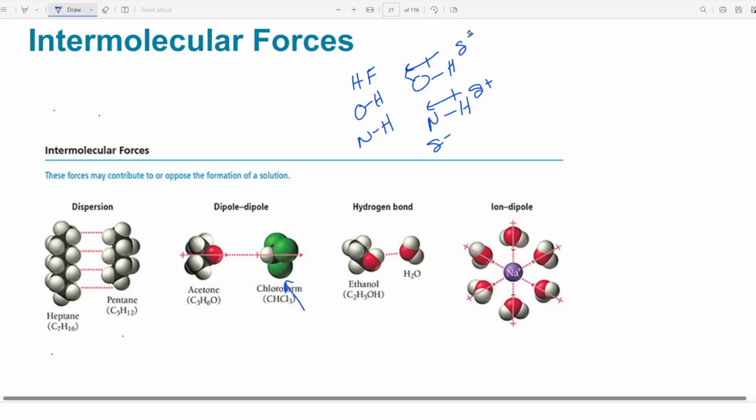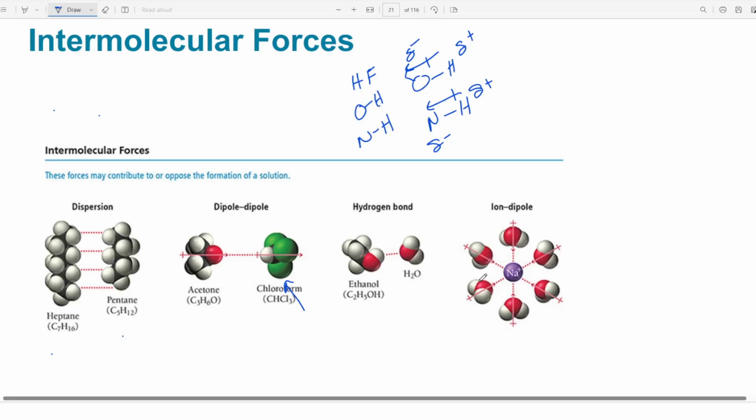The only difference here is that this bond is specifically called a hydrogen bond because of the large electronegativity difference between oxygen and nitrogen and hydrogen. It's large enough to create a special type of bond, and it's very important for holding these molecules together with these intermolecular interactions and leading to a higher boiling point.